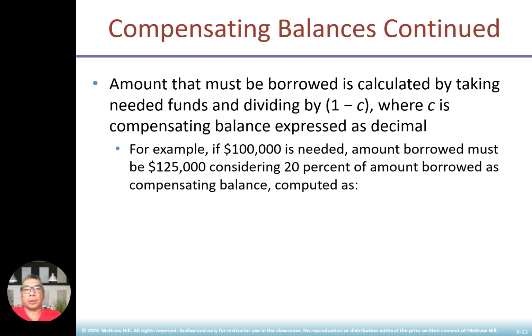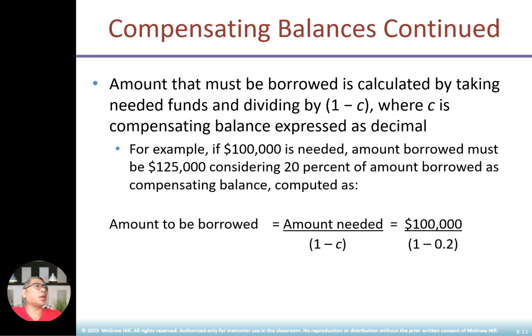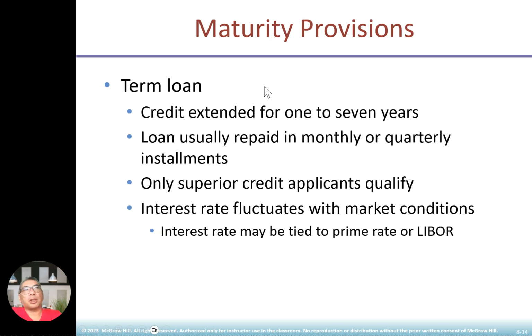Amount borrowed equals amount needed divided by 1 minus C, so 1 minus 0.2, which will give me 125,000. This is how you're going to calculate, okay? Amount needed divided by 1 minus C, needed funds equal to 100,000 divided by 1 minus 0.2, which is 20%, amount borrowed on compensating balance, 125,000.